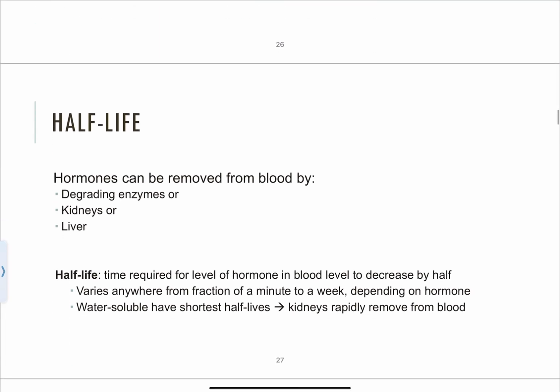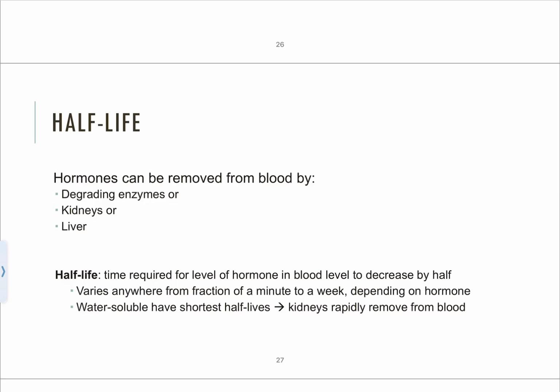So that's kind of where half-life comes in, just a general understanding of what the half-life is. Hormones can be removed from the blood by some sort of degrading enzymes, but most of them are actually going to be degraded by our kidneys or our liver. Their breakdown products will be released into either our urine or our feces.